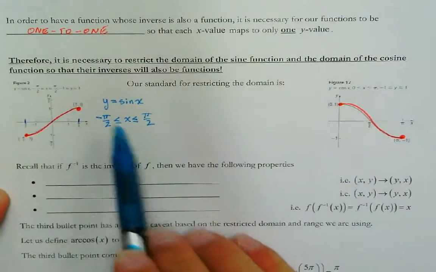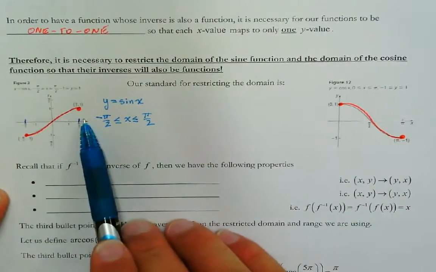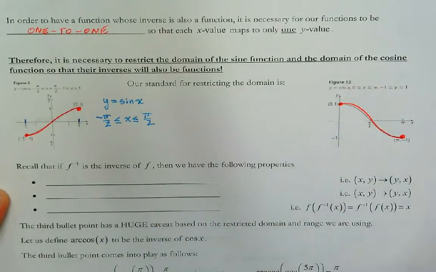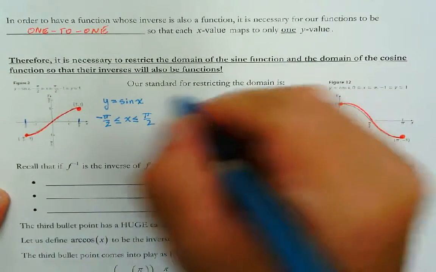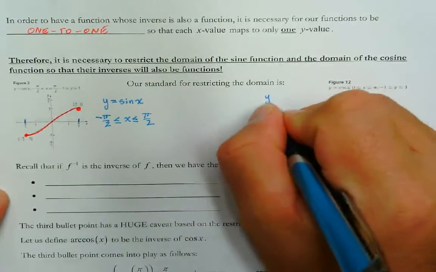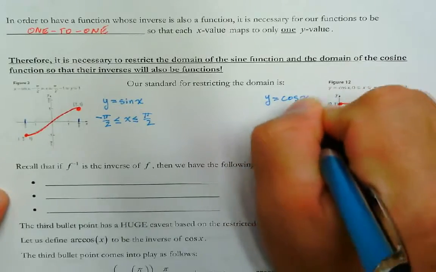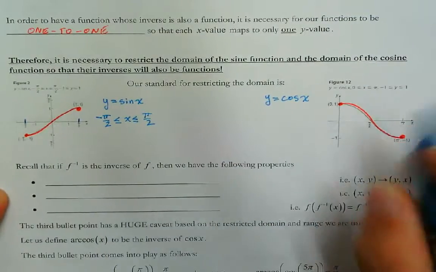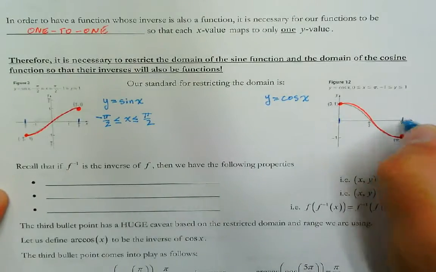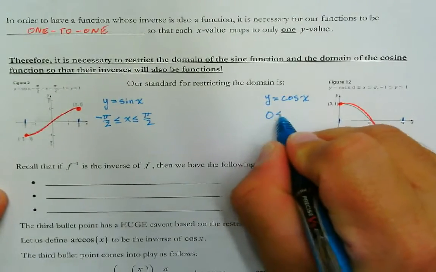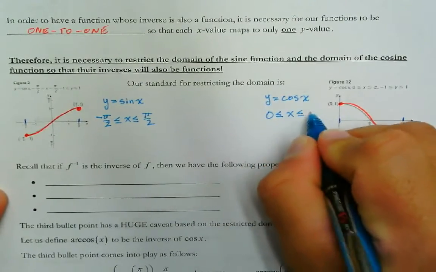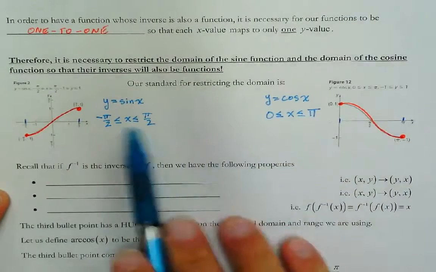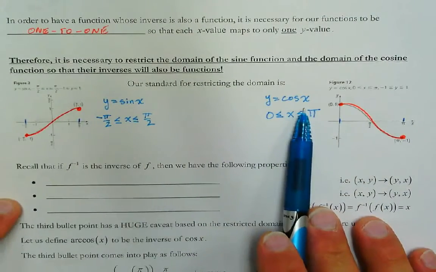If I restrict the domain like this, I will be 1 to 1. And for the cosine function, if I had y equals the cosine of x, then I would restrict the domain from here to here, which is that x is going to be between 0 and pi. That's very, very important.